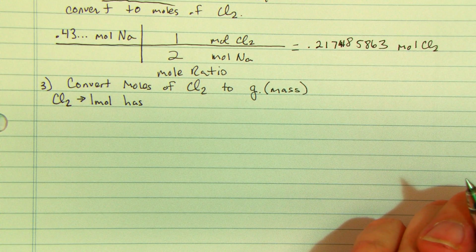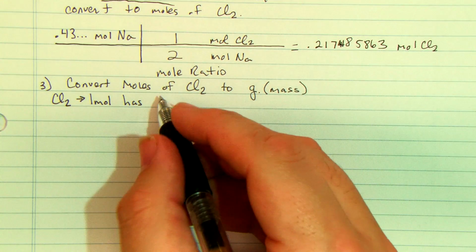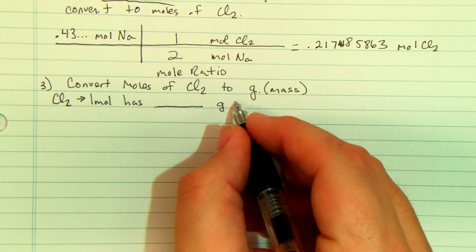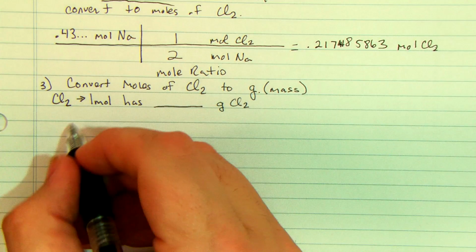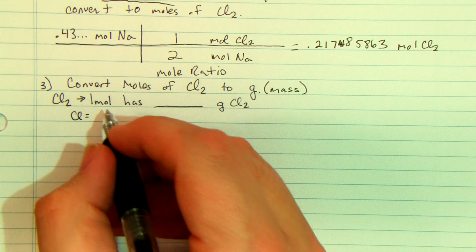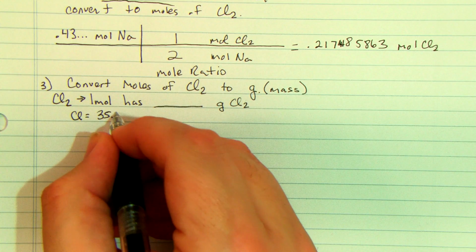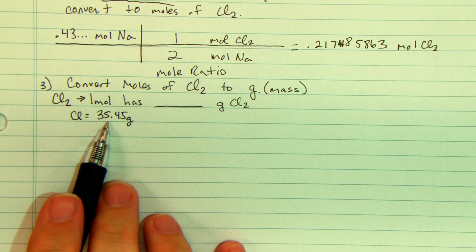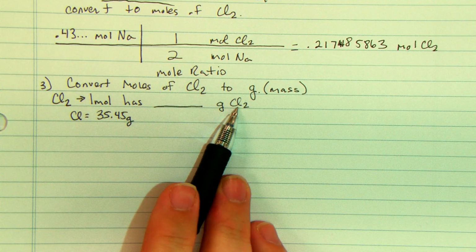So the molar mass of chlorine. What's the molar mass of chlorine? 35.45 grams. But how many chlorines do I have? 2. So you can multiply that by 2.